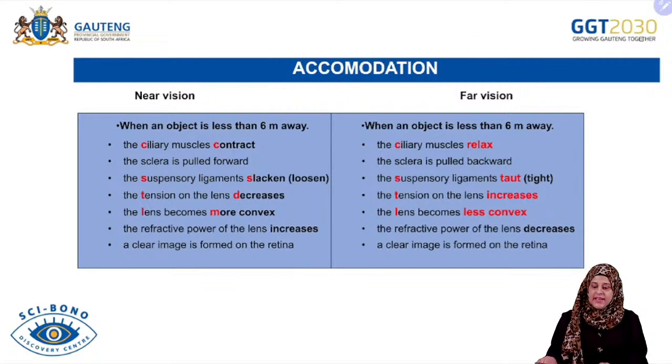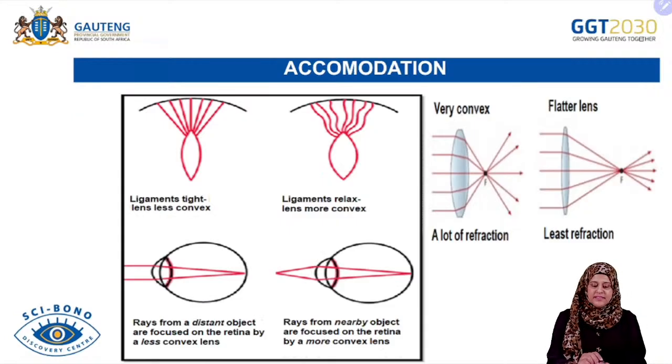So what was I telling you about? This is what I was saying. If you look at this diagram, it shows us the suspensory ligaments. Here you can see the suspensory ligaments are taut, right? They are taut or they are tight. And that sort of pulls the lens and makes the lens less convex.